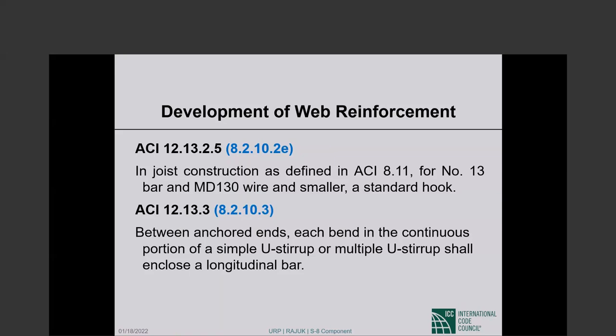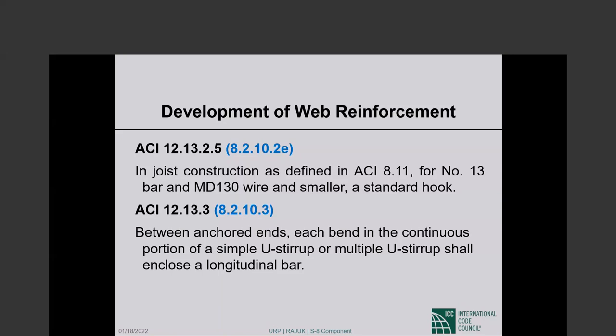But then this U, okay, so you start with let us say the left bar at the top. The stirrup hooks around that, comes down, then it goes around a bottom bar, and then it goes again around another bottom bar, and then goes up, and then hooks around the top right bar.